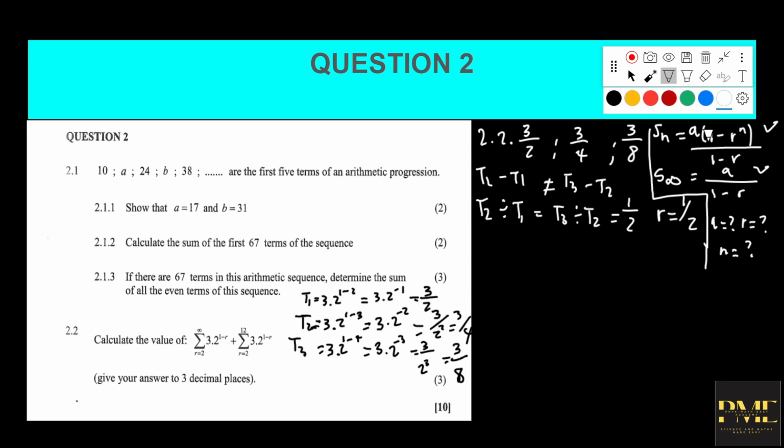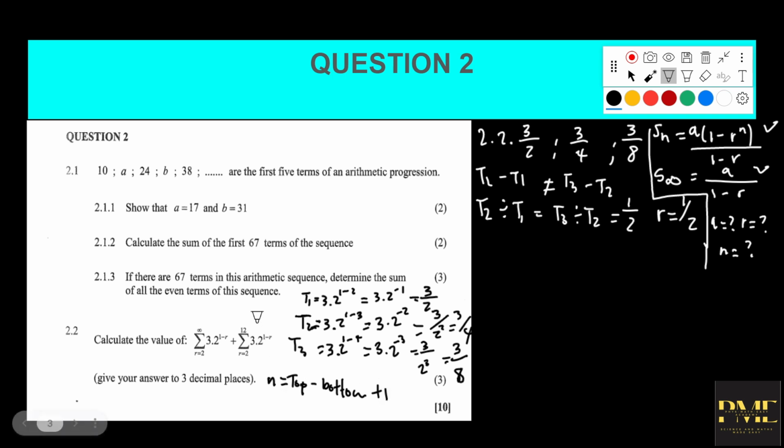So how do you calculate n if you are given an expression in sigma notation? What you do is you say your top figure minus your bottom figure plus 1. Okay, so your n is equal to top minus the bottom, plus 1.